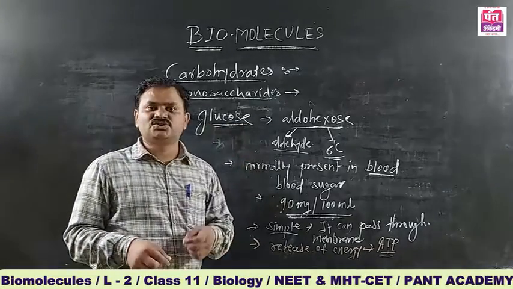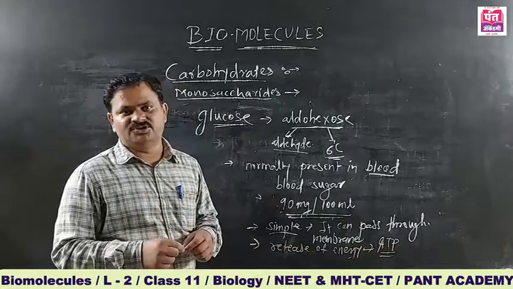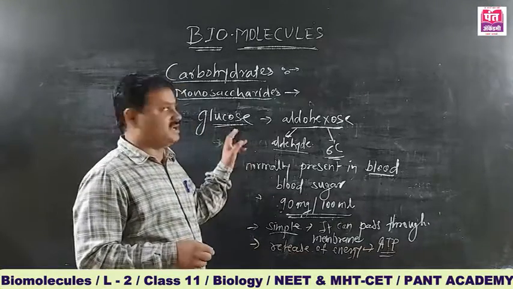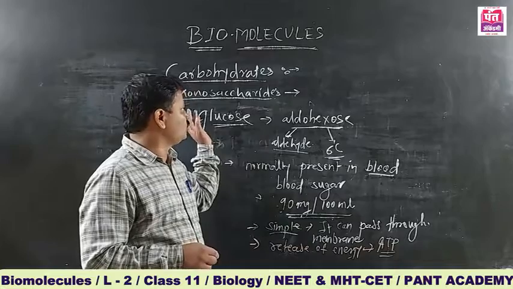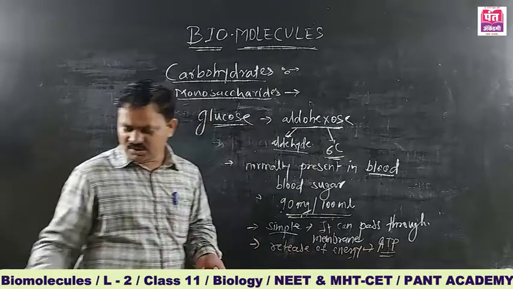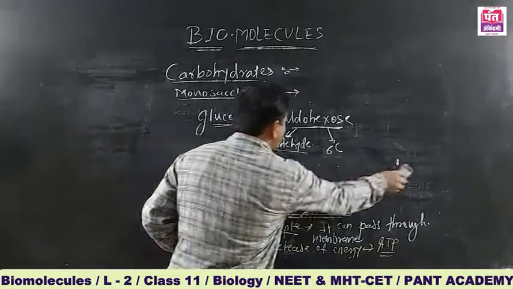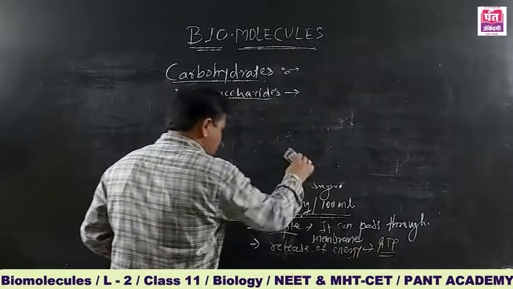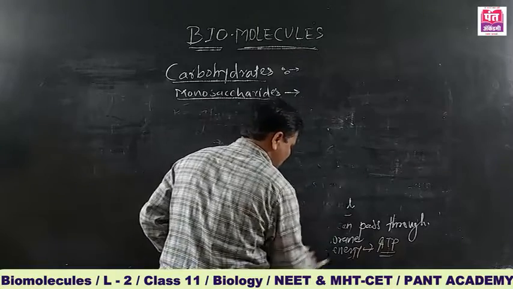So the central sugar in energy metabolism is glucose, and it is a monosaccharide, or you can say an aldohexose. So this is an important monosugar, or monosaccharide.